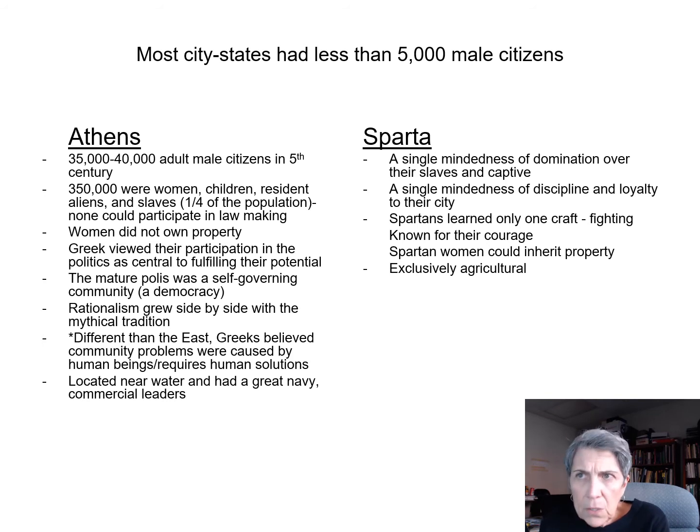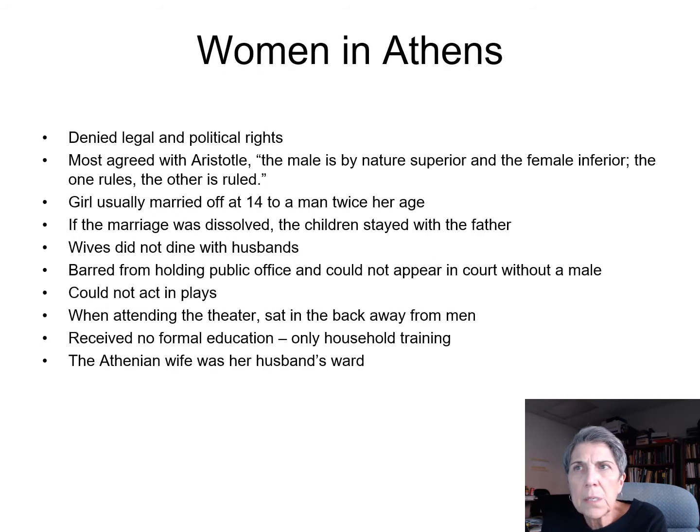So that tells you it's about 35 to 40,000 in the 5th century. I don't know how they got that, but. So how do you become a citizen? For Greeks, a citizen is within one day's walking distance. Okay. So that's the difference between the two well-known cities.